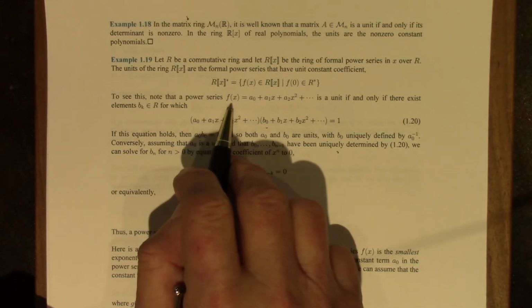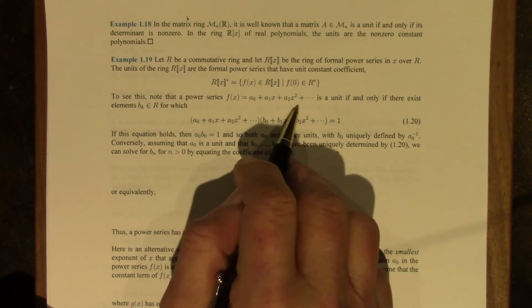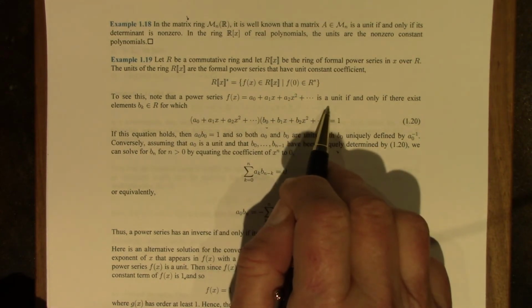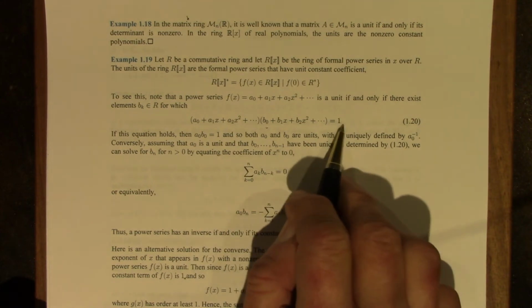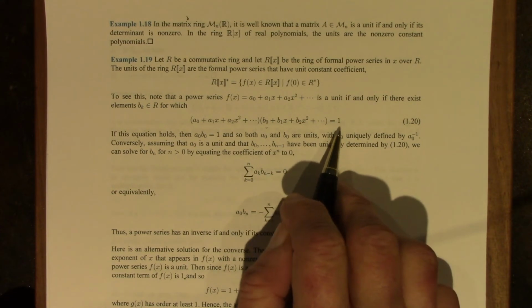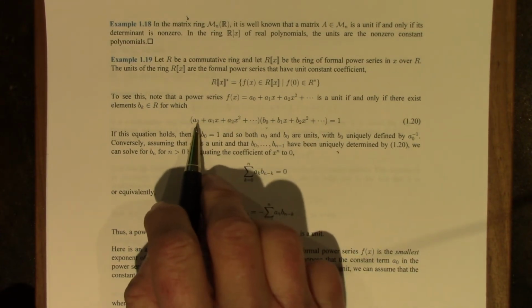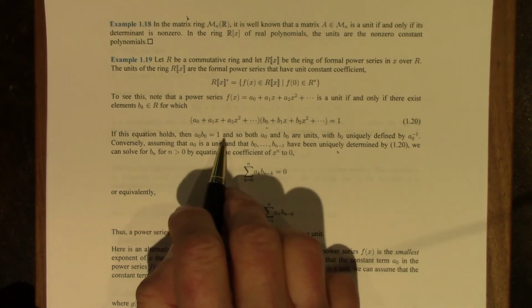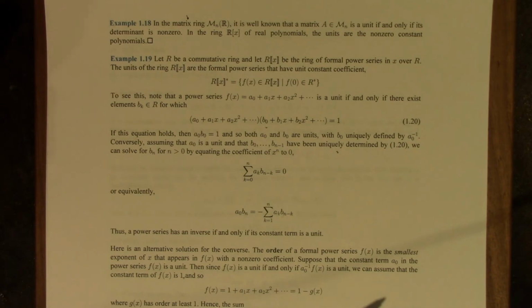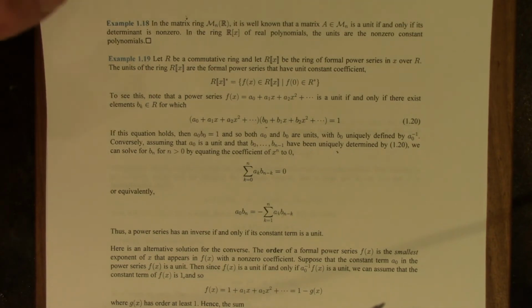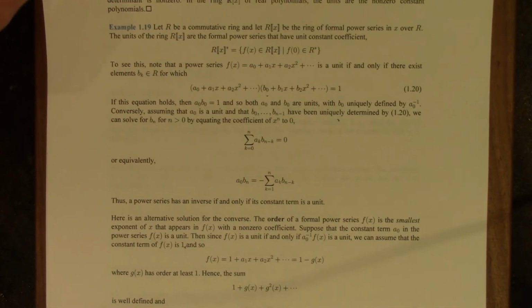To see this, note that a power series is a unit if and only if there exists another power series for which the product is 1. Now, if this equation holds, then comparing constant terms, we get a0 b0 equals 1. And so both a0 and b0 are units. And a0 in particular is invertible with inverse b0.